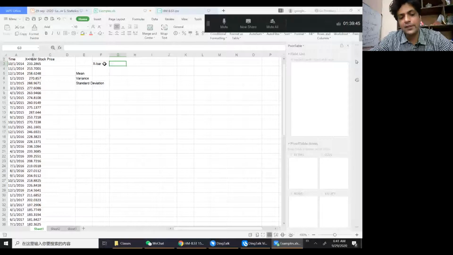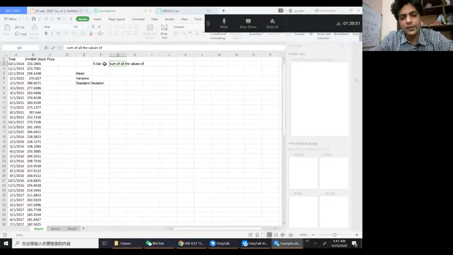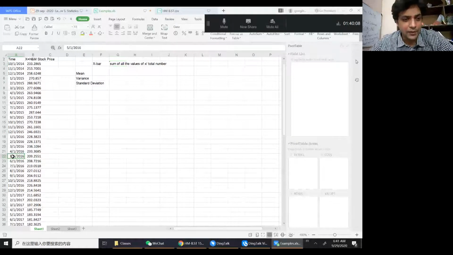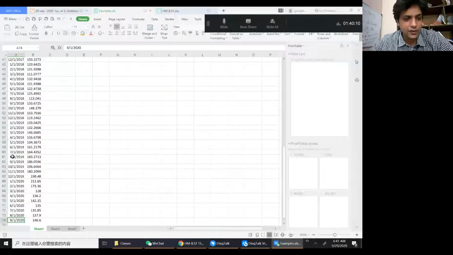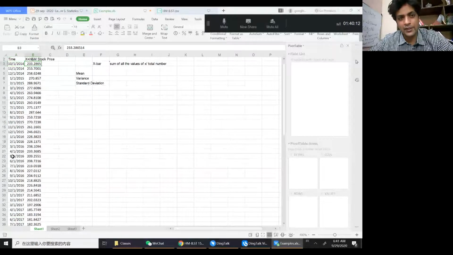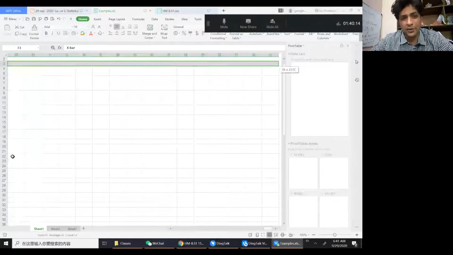X bar is the sum of all the values of X divided by the total number, which is, in this case, maybe something like, let me see, 72, 74. So here N is 74, but I'm not going to use all these.